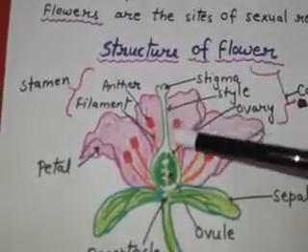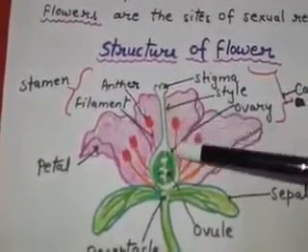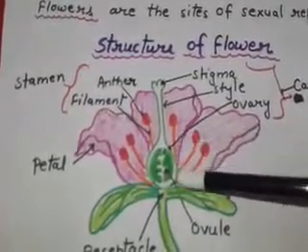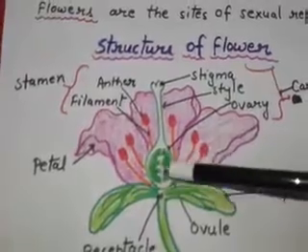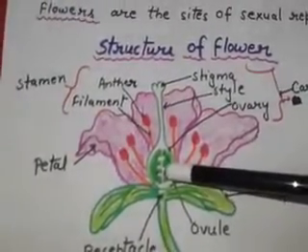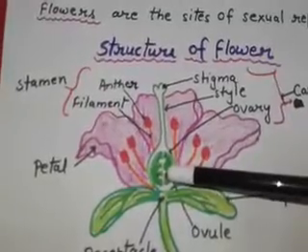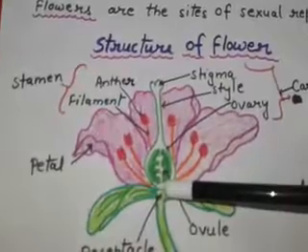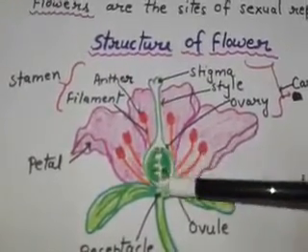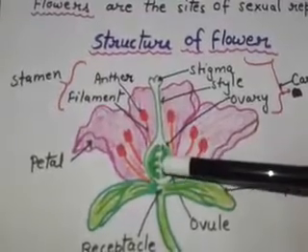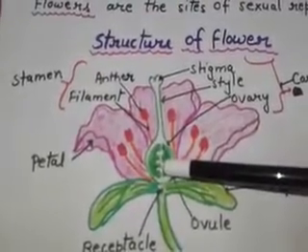And style, you can see, is a neck-like structure which transfers the male gamete into the ovary, inside the ovule where the female gamete, that is egg, is present, okay. And it is the connection between the stigma and ovule. Ovary consists of ovules and inside the ovule the female gamete, egg, is present, okay students.